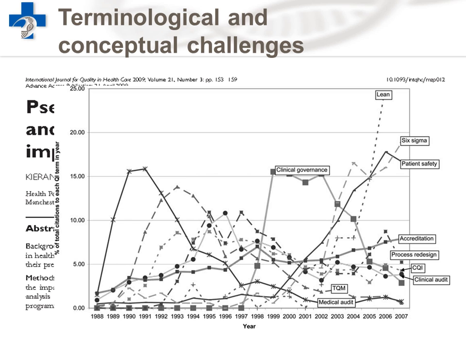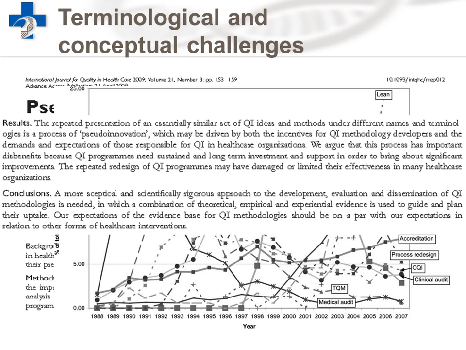So he just did a Medline search and looked for different terms for audience feedback, and you can see that in the early 1990s, everyone was talking about medical audit. Then it became, where did that one go to? TQM. Then it became clinical governance, and now people are talking about Lean and Six Sigma.